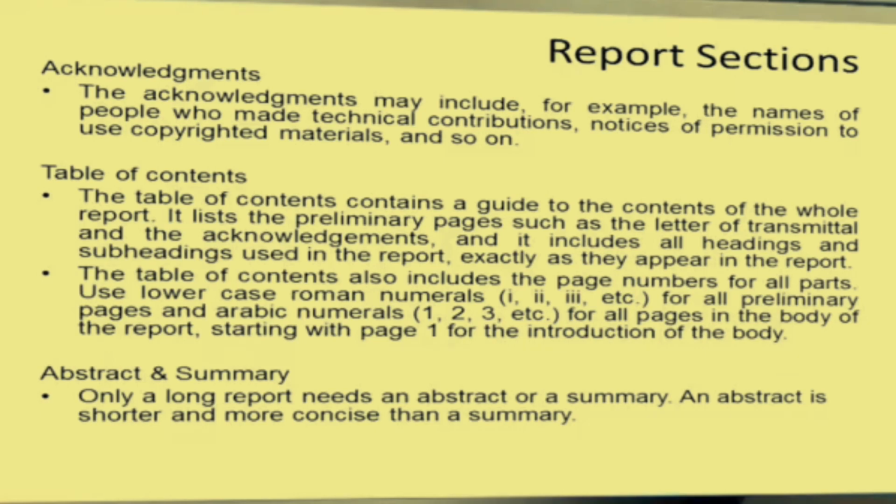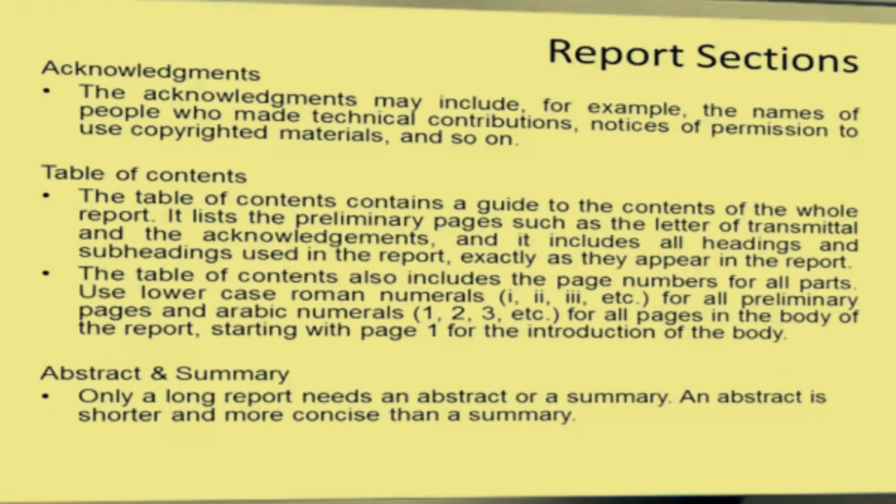The table of contents, very important. The table of contents contains a guide to the content of the whole report. It lists the preliminary pages such as the letter of transmittal and the acknowledgement, and it includes all headings and subheadings that have been used in the report exactly as they appear in the report. The table of contents also includes the page numbers for all parts.